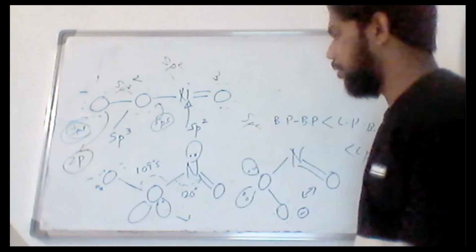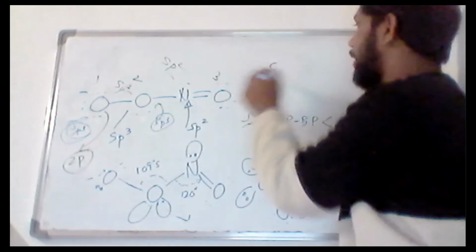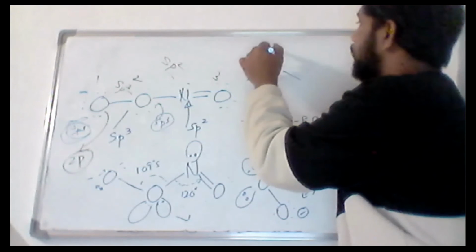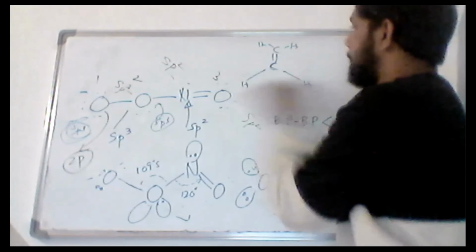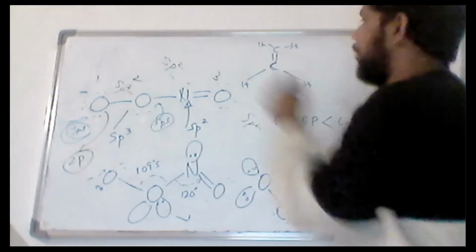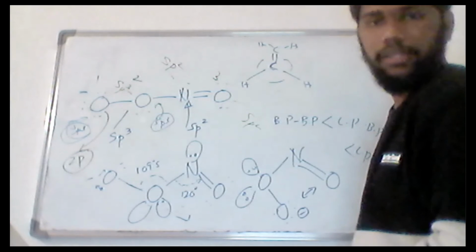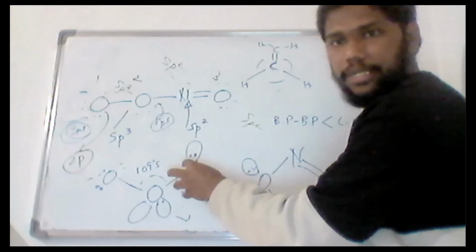That is true, because here, we will take carbon. Now this one you can exactly tell should be almost 120. But here remember this one is also less than 120.